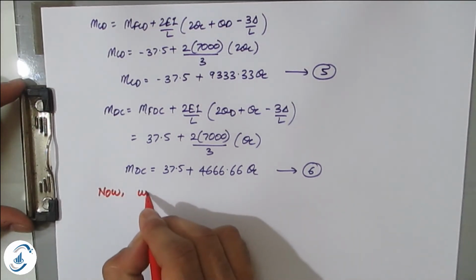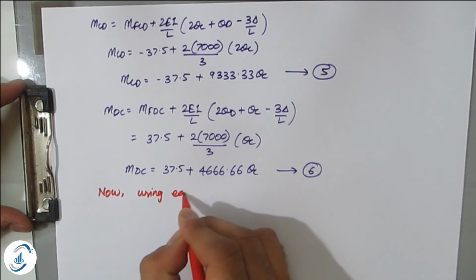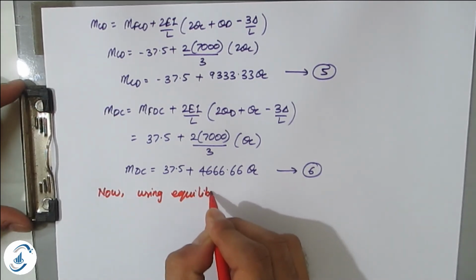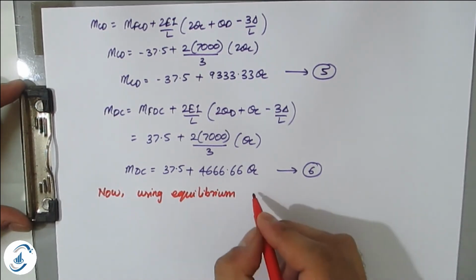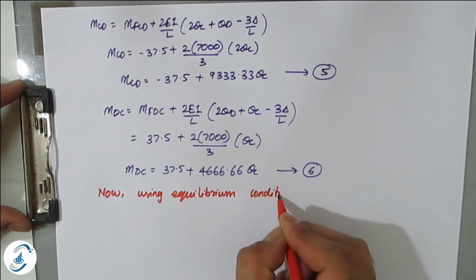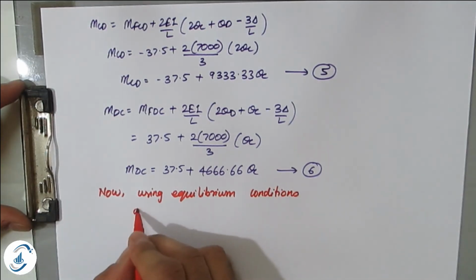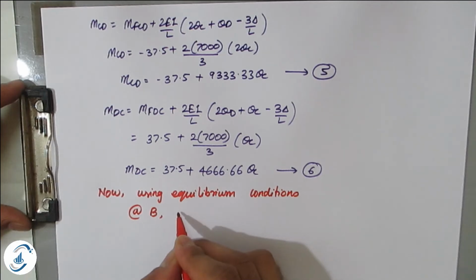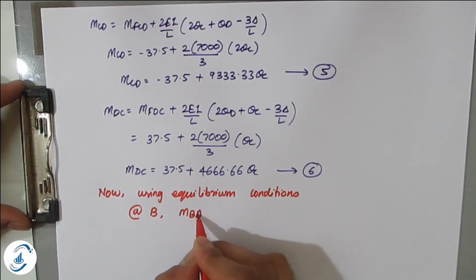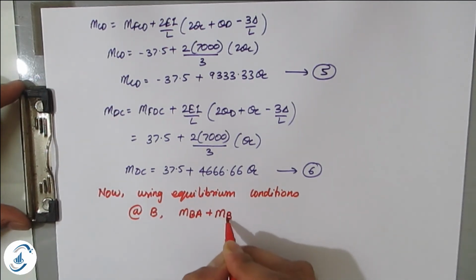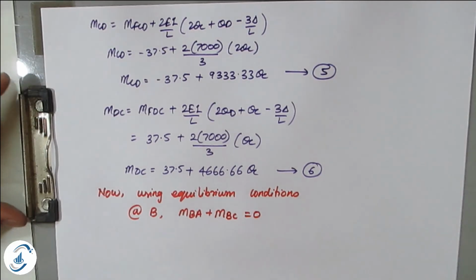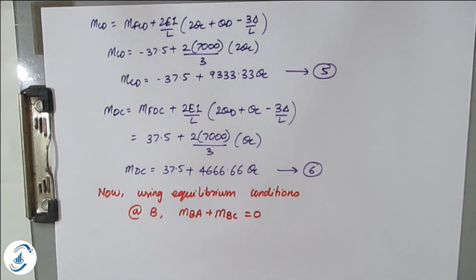Now using equilibrium conditions at B, MBA plus MBC is equal to 0. MBA is nothing but your equation number 2.